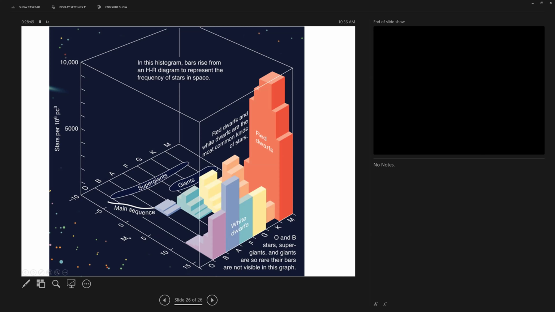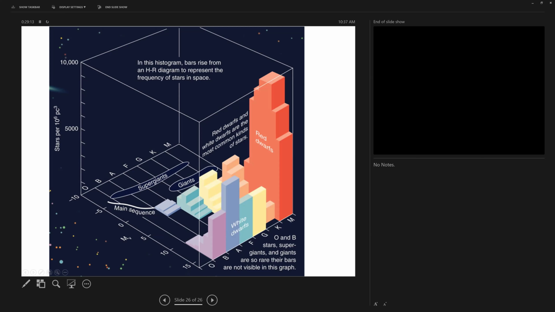And then the OBAFGKM there, or this could be a temperature scale as well. But this gives a third dimension to the Hertzsprung-Russell diagram. And that third dimension is showing how many stars of each type might show up. On this one, it's stars per million parsecs.